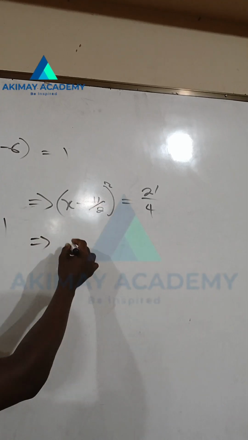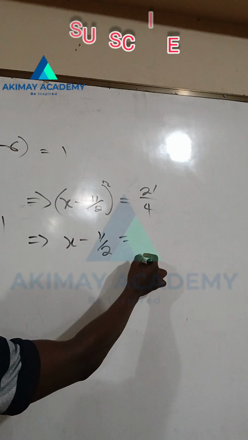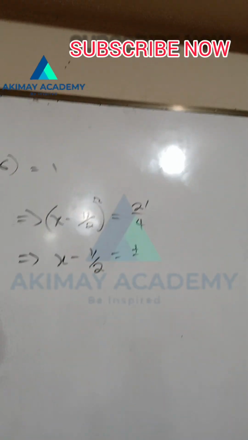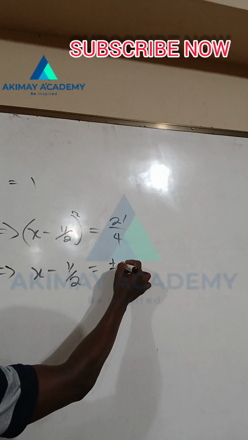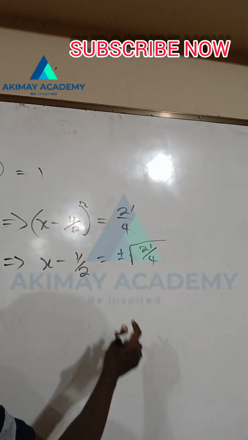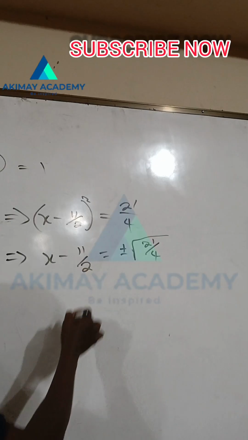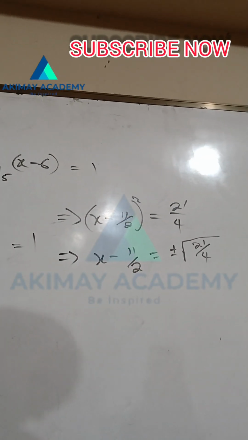So you take square root of both sides, we are going to have x minus 11 on 2 equals plus or minus square root of 21 on 4. So that's what we have.